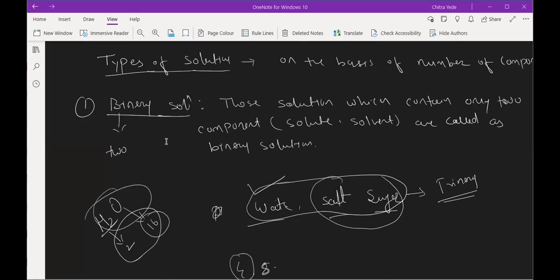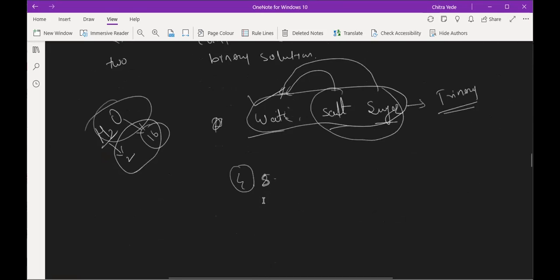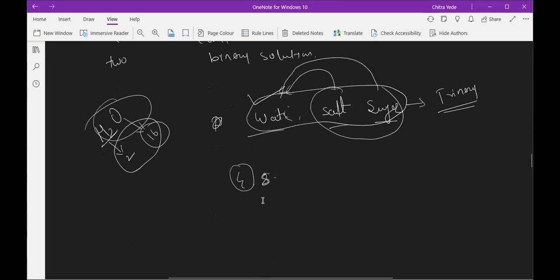Sir, water and salt and sugar are heterogeneous, right? No. Suppose if you are adding salt, it is going to dissolve in water, and if you are adding sugar, sugar is again going to dissolve in water. So it is homogeneous. Sir, but it does not show any color. Yes, because water, salt, and sugar are present in the same phase.